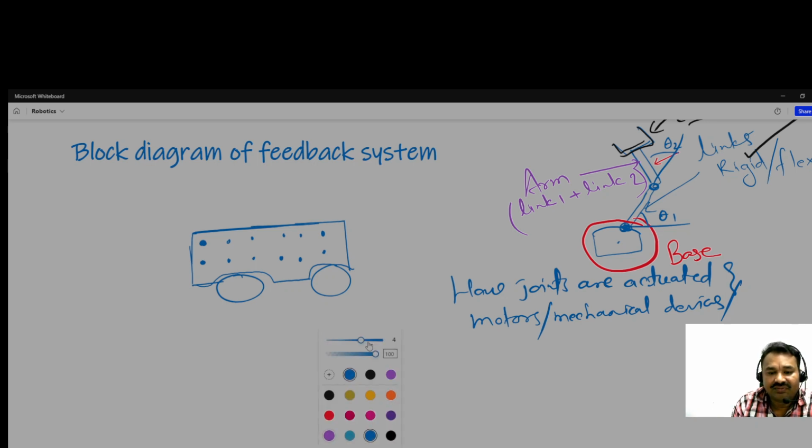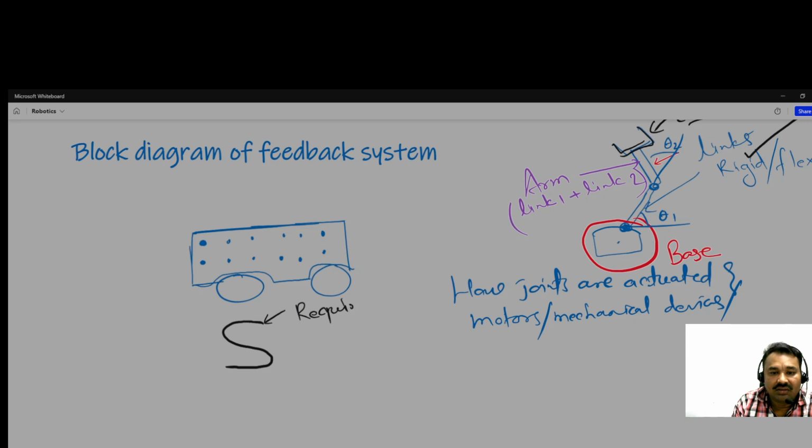Suppose some profile is given, like this S profile, and it is the required trajectory.